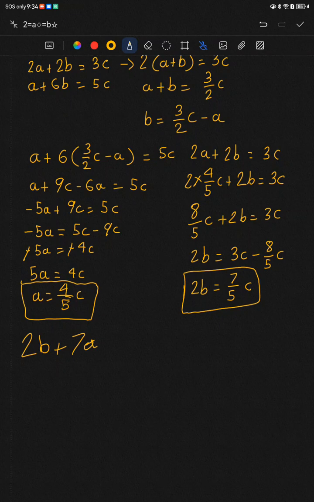We already know 2B as 7 over 5 of C. And 7A is just 7 times 4 over 5 of C.